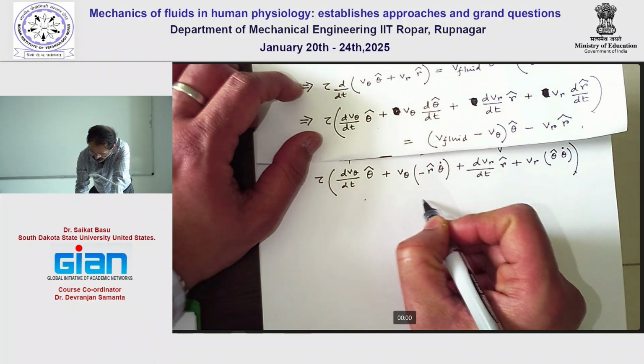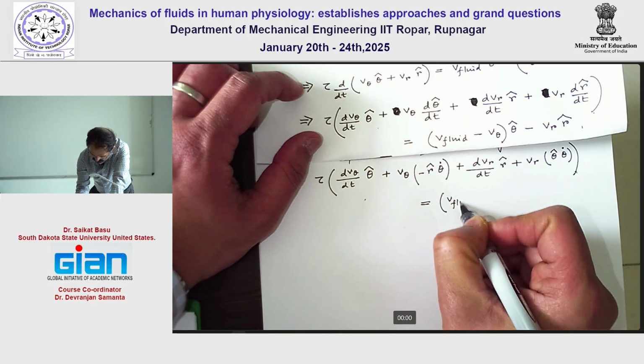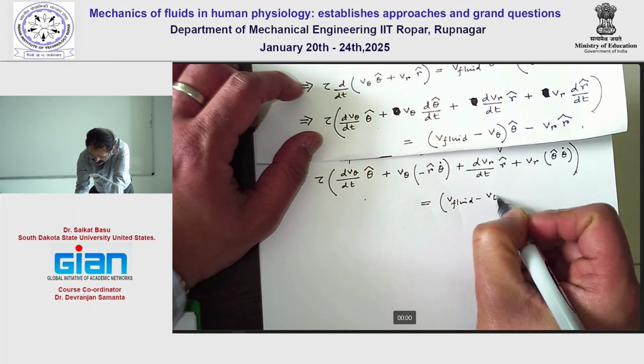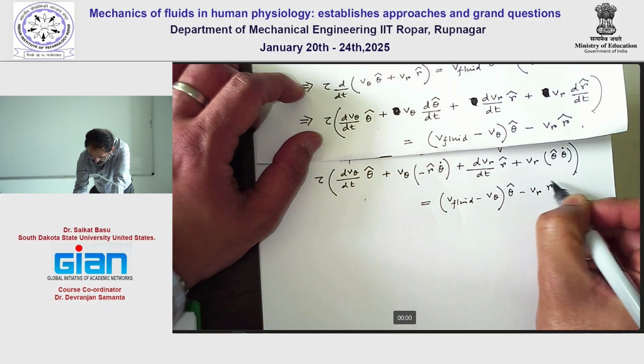And then on the right hand side, v fluid minus v theta theta hat minus vr r hat.